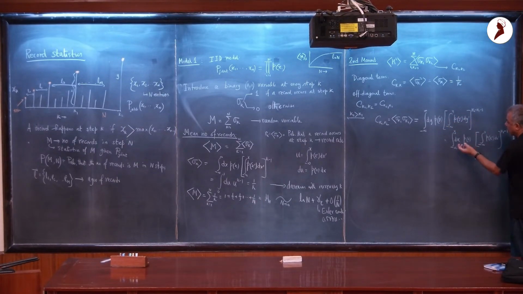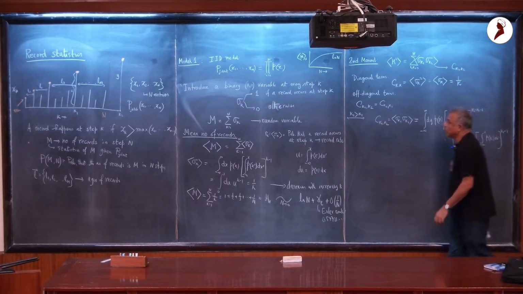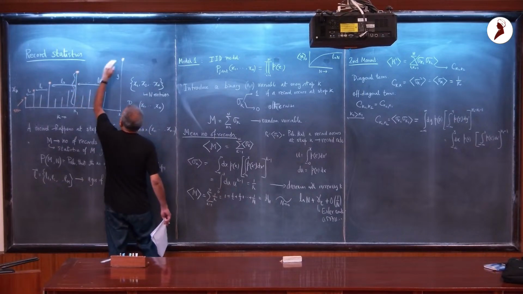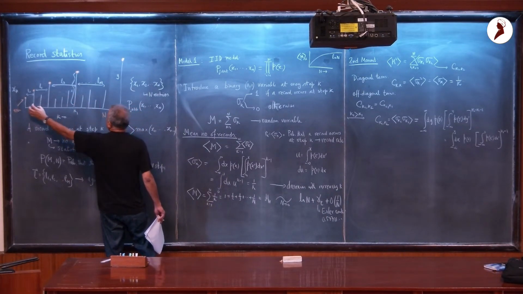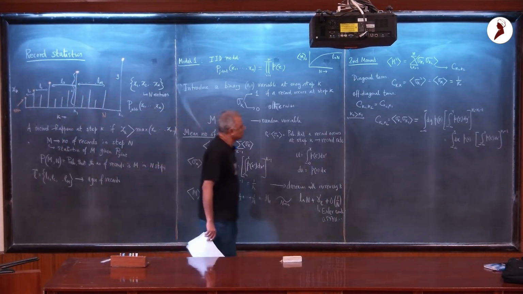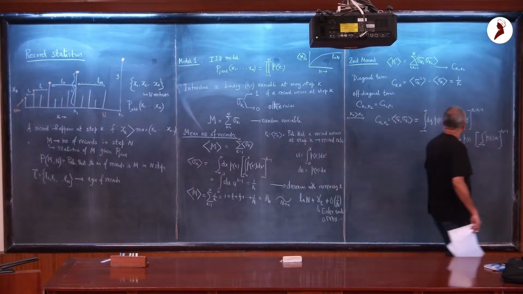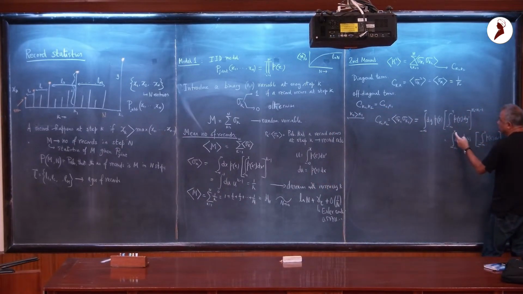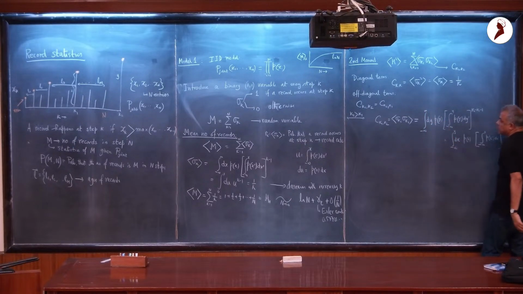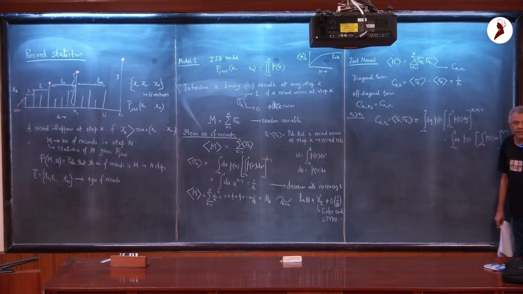And then I have to integrate over this x value. The x value can be anything. The only thing is that it should not be bigger than y, because y is a record. So everybody here, and this guy itself, they have to be less than y. So therefore, the x integral can go only from minus infinity to y. And finally, we want to evaluate over all possible values of the record at k2, which should go from minus infinity to plus infinity. Is that clear?